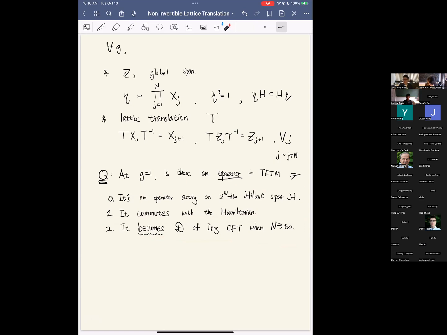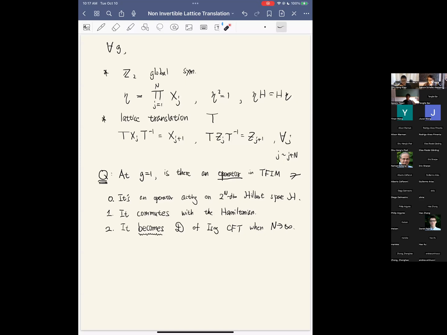Sorry, can I ask a question? Yes, please. But in the n equals infinity limit, the Kramers-Wannier defect should map the Hilbert space to the twisted sector, right? Well, that depends on what we mean by map. Do you mean that D is really an operator in the sense that it acts on the Hilbert space by mapping the Hilbert space to itself?